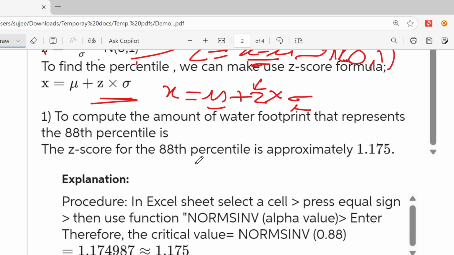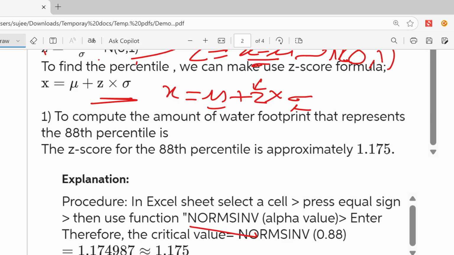The Z-score for the 88th percentile is approximately 1.175. We have calculated this Z-score corresponding to the 88th percentile with the help of Excel, and I have added the explanation and procedure. First select a cell in Excel and press the equal sign, and then use the normal function NORMSINV.